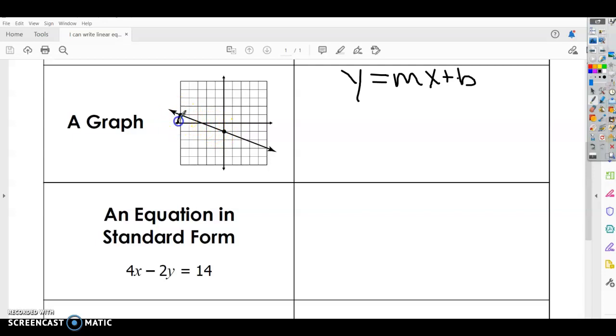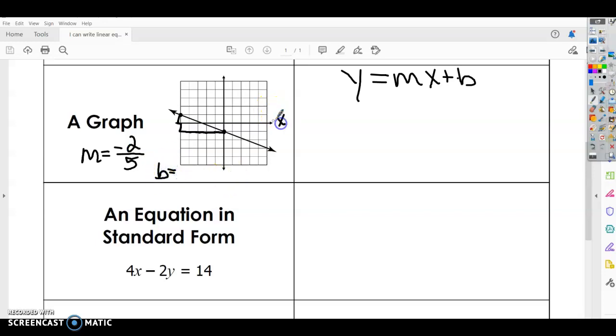So we're going to go down 1, 2, and that's -2. And then we're going to go 1, 2, 3, 4, 5. So we're going to the right 5, so that's a +5. So our slope is -2/5, and then our y-intercept is the point where it crosses the y-axis.